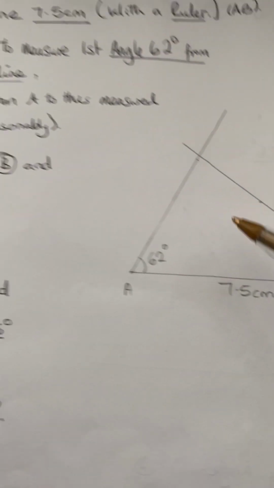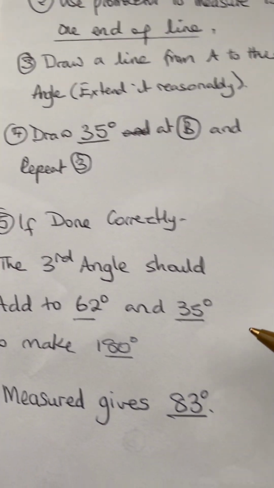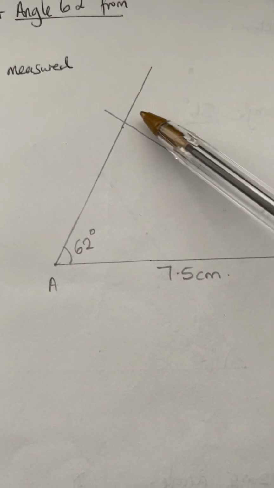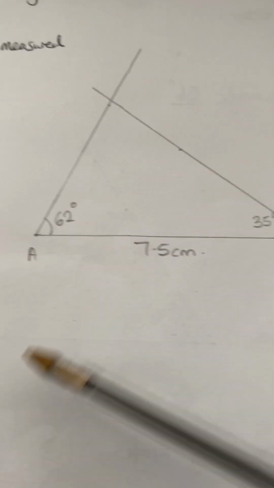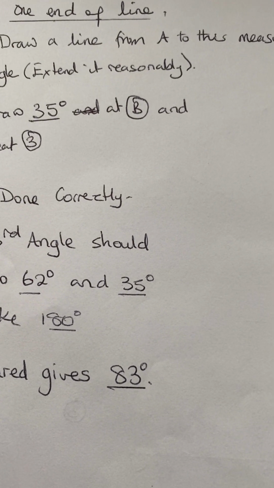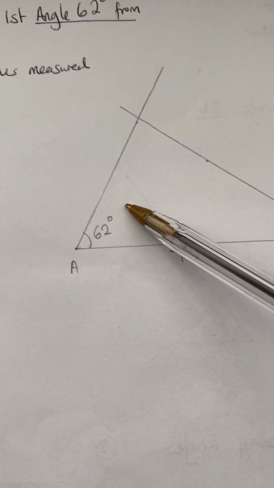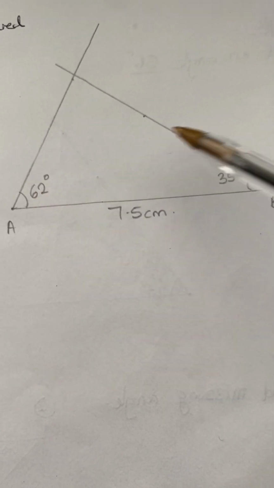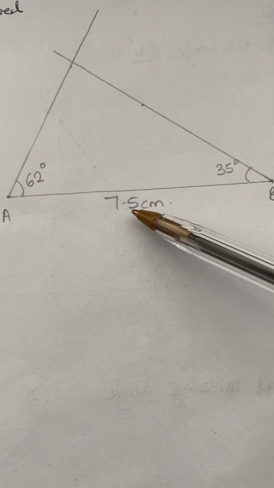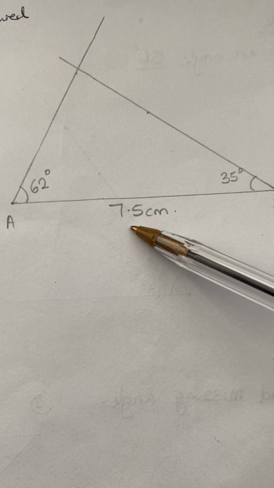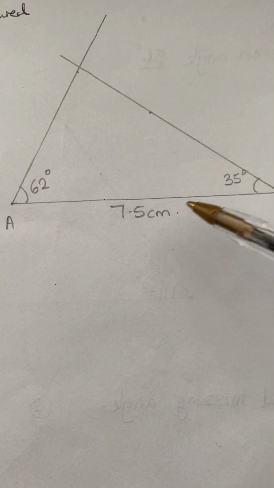If you do it correctly, the third angle plus the two angles should give you 180. So as we've just found, this is 62, that is 35, that is 7.5 centimeters. We've been given these three things.